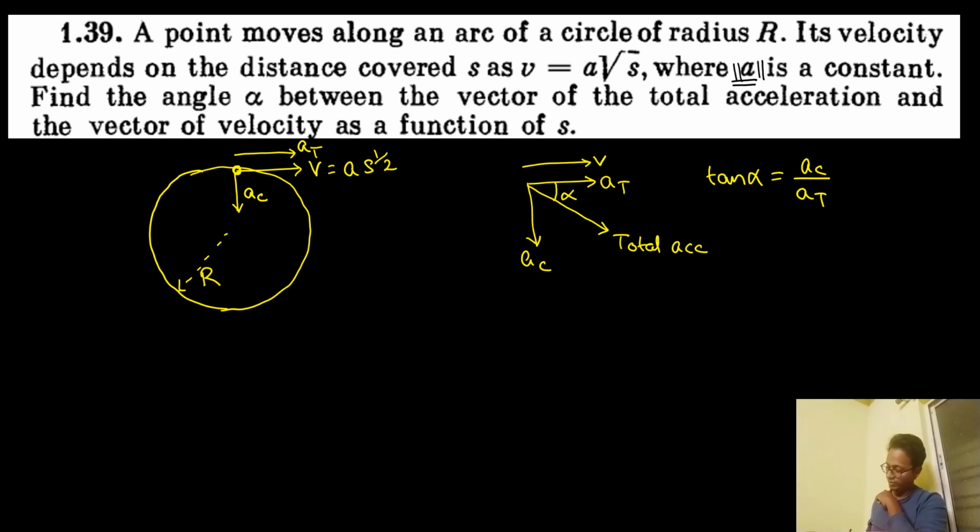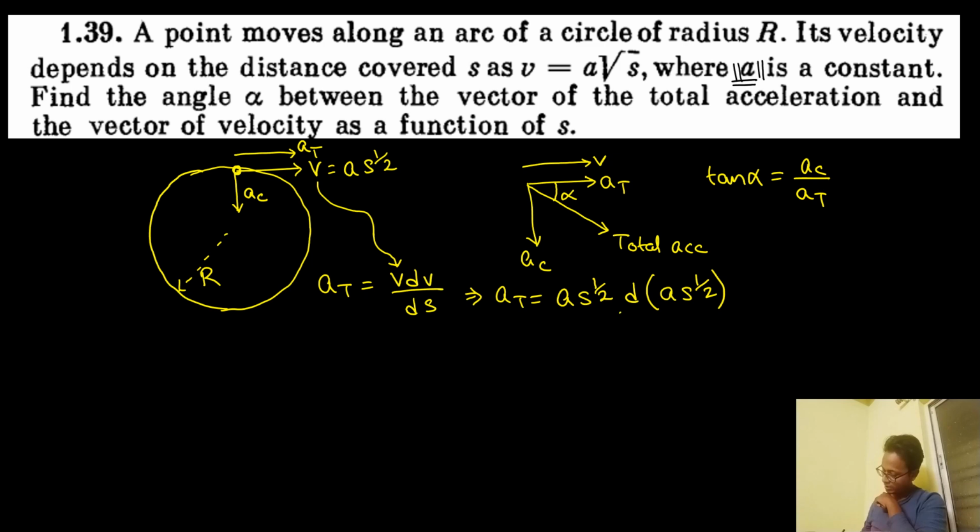Now let's solve the question. What is tangential acceleration? It is nothing but v dv by ds. If I substitute the value of v here, tangential acceleration is equal to a s to the power 1 by 2 into d(a s to the power 1 by 2) divided by ds.